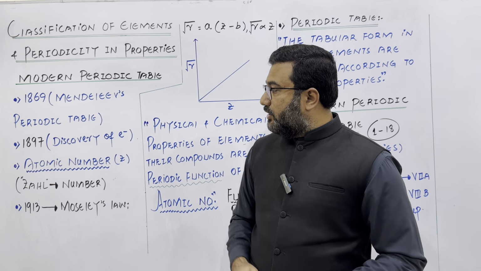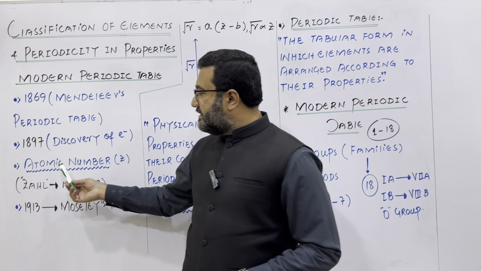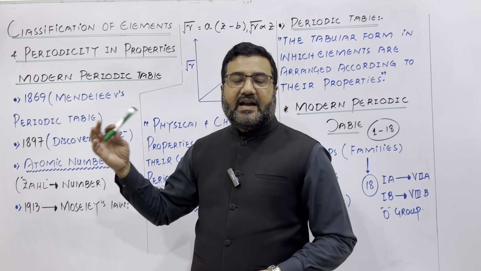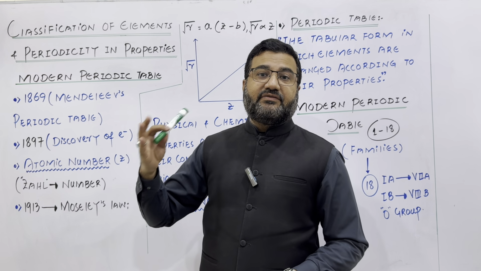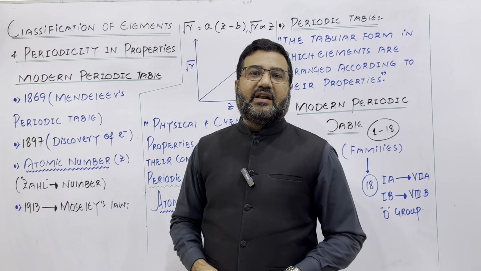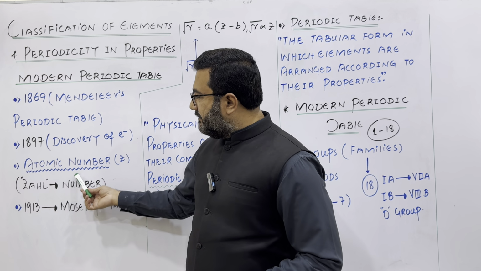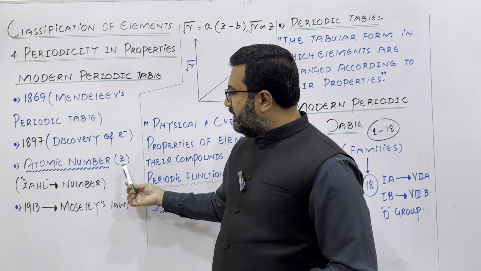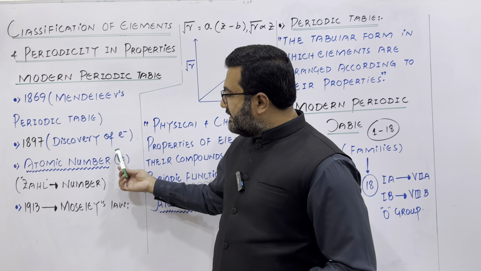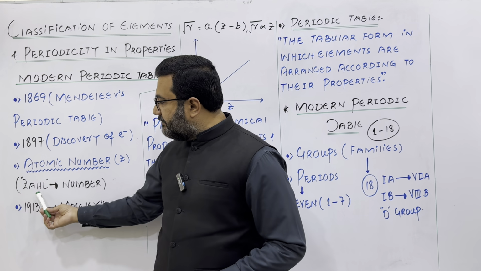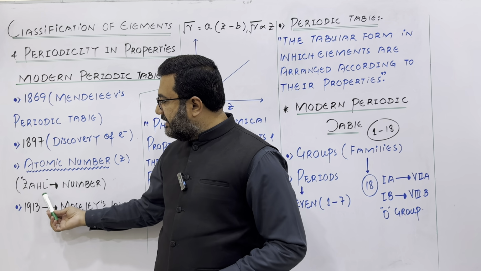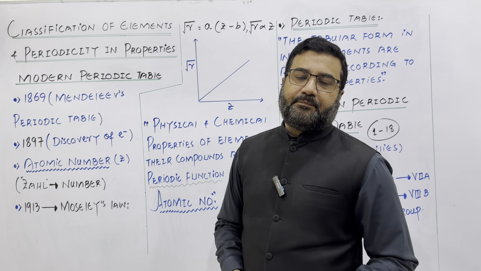And then a new term was introduced, which was atomic number. At that time, the atomic number was defined as the number of electrons in an atom. So, the number of electrons in an atom was referred to as atomic number with symbol Z. Now, this symbol Z is from a German word ZAHL, which means number.